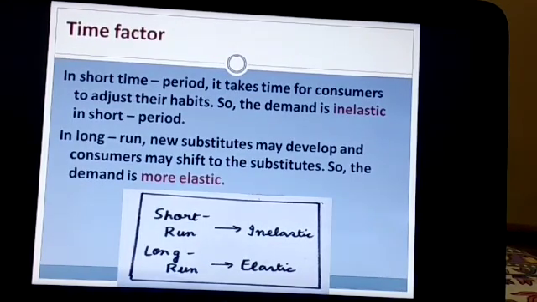If some substitute is easily available at a lower price, people will change their demand to the lower priced product. So the demand will be more elastic in the long run.